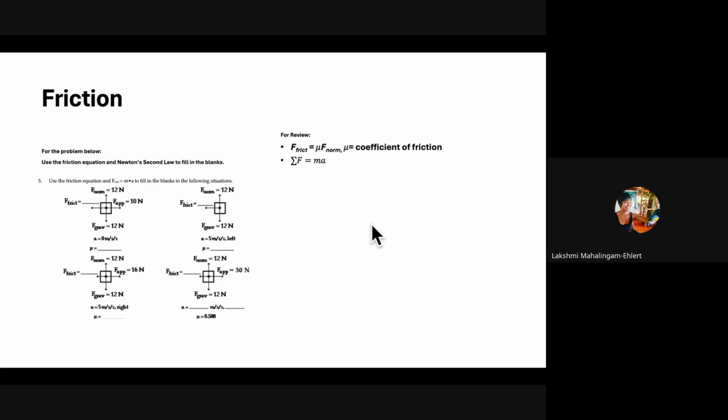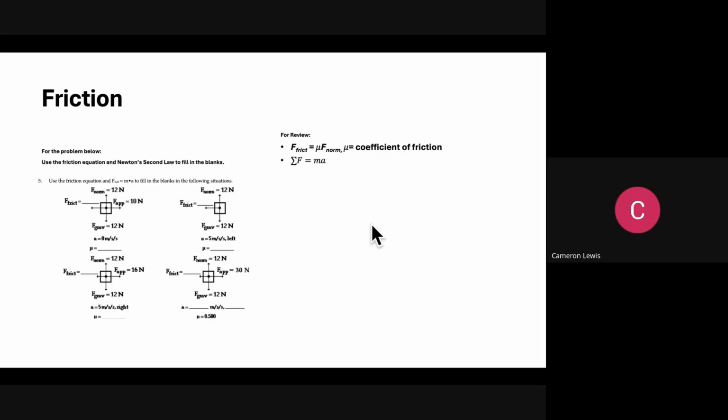That's the net force. Now you know the net force is equal to 6, right? But net force is the sum of all the forces. How many forces do you have present? Two, applied force and frictional force. Are those forces going in the same direction?